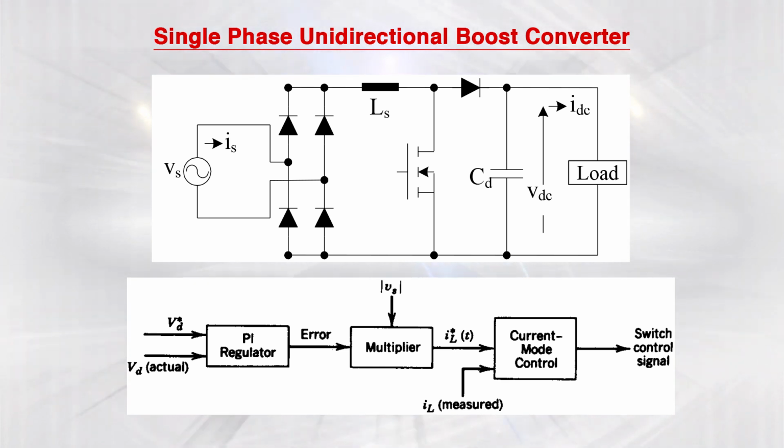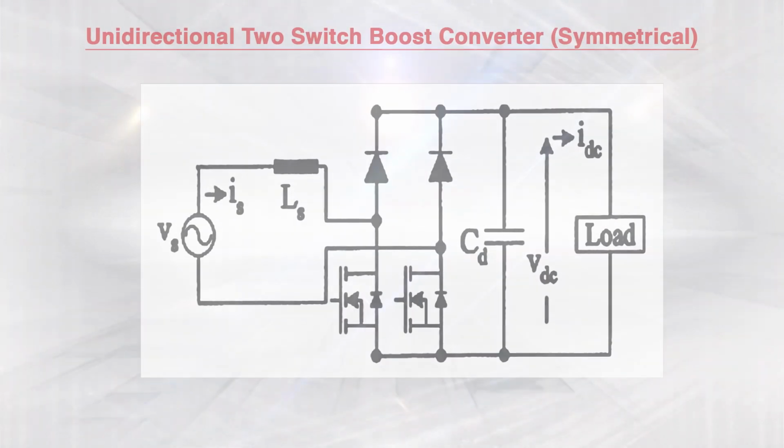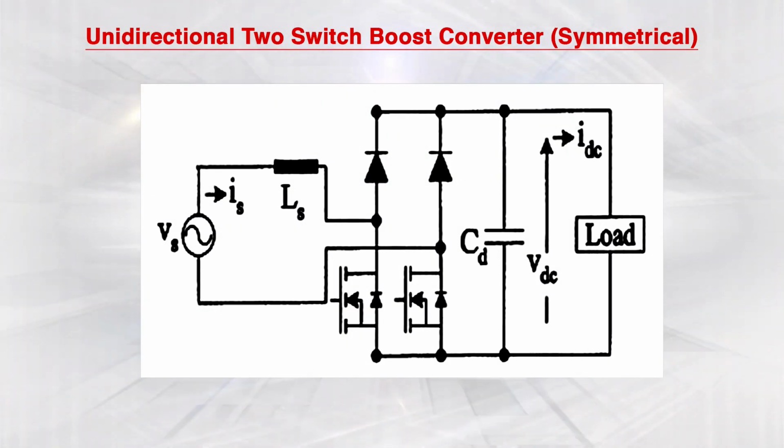We have also measured the inductor current, which is given to the current mode control, which could be some hysteresis control or some PWM we can utilize, and we can switch on this particular device. Unidirectional 2 switch boost converter, where 2 diodes and 2 switches are utilized and power can be fed to the load. So, this topology was symmetrical.